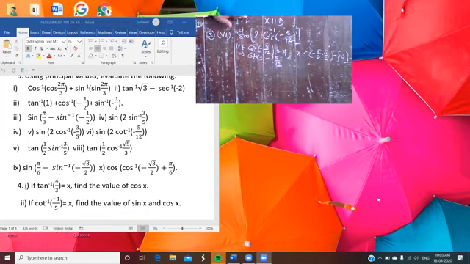So just to be clear, the range of cot x is minus pi by 2 to pi by 2.